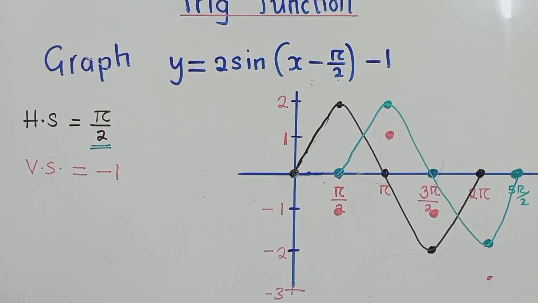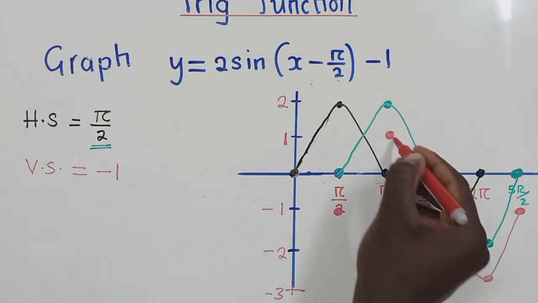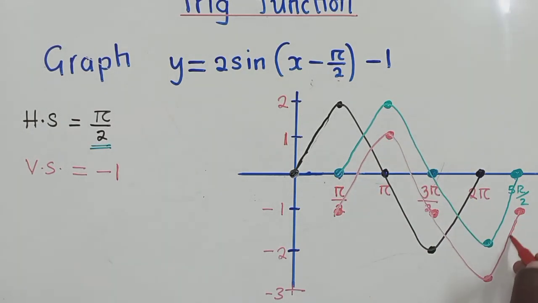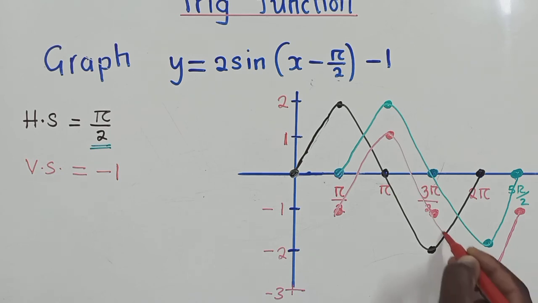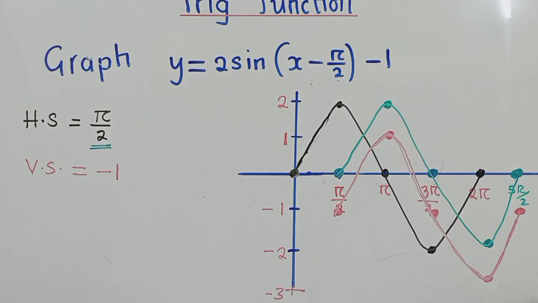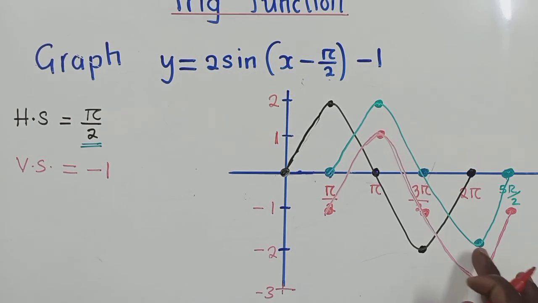Hopefully you can see this negative 3. And this point also moves one step downwards. So these are the points. We can now join them. Good. So when we join the points, this graph that we are getting, our new graph, is our final answer. So the red graph here is our final answer.